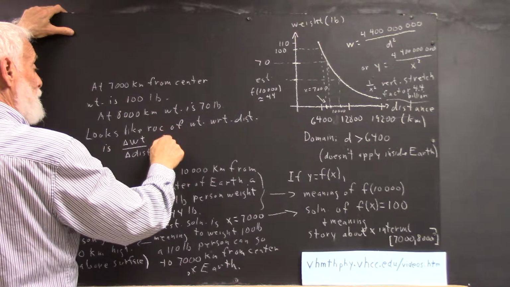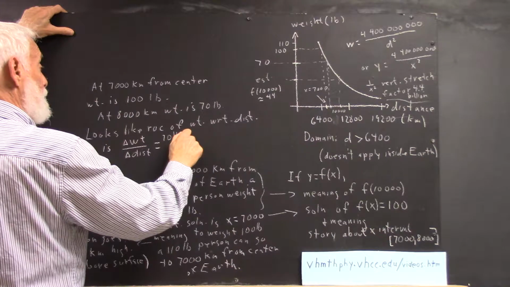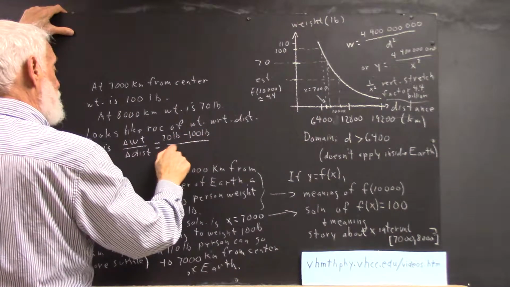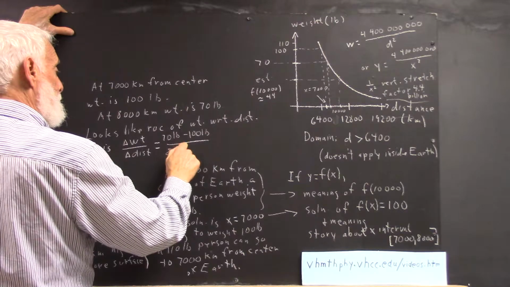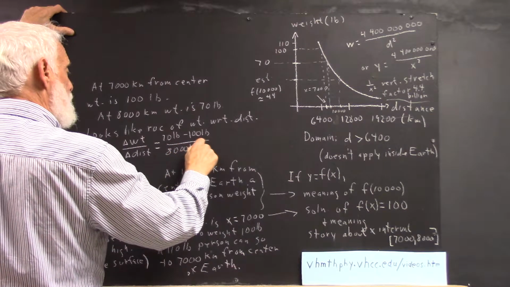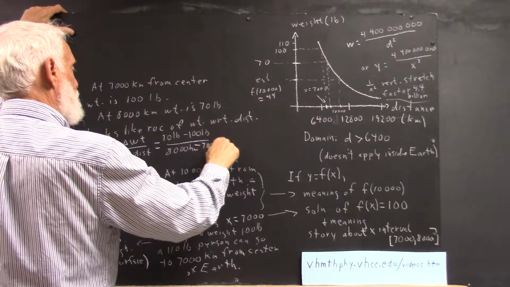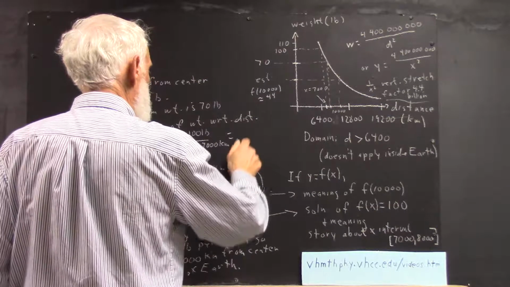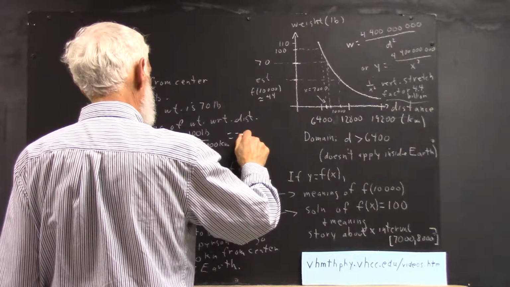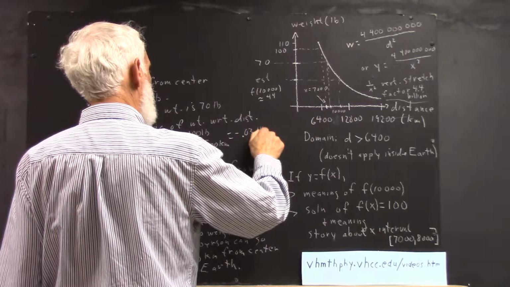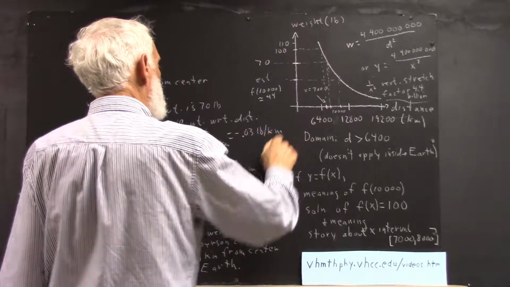Well, it's 70 pounds is what we're at, 100 pounds is where we started, and distance is 8,000 kilometers minus 7,000 kilometers. Well, that comes out negative 30 over 1,000. And that looks like negative 0.03 pounds per kilometer.